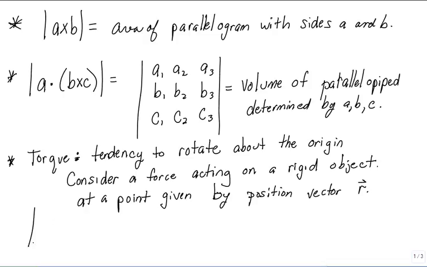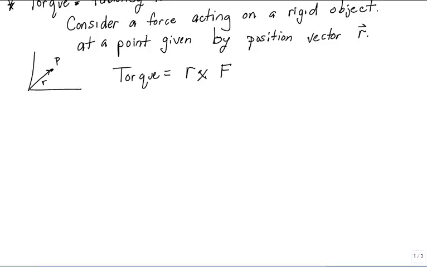So, if we have, let's just do like 2-space, here's your point. Then the position vector would be r. Then the torque is r cross F. It's your position vector crossed with the force.